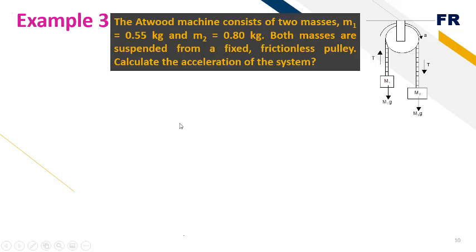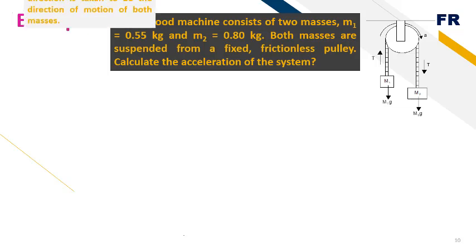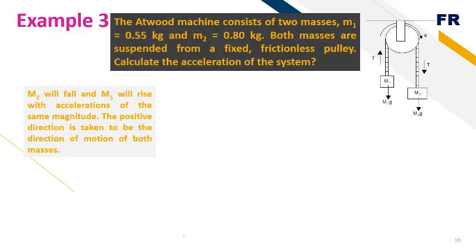Calculate the acceleration of the system. Okay, M1 will fall and M2 will rise with accelerations of the same magnitude. The direction of the acceleration is shown in the figure there. The positive direction is taken to be the direction of the motion of both masses.